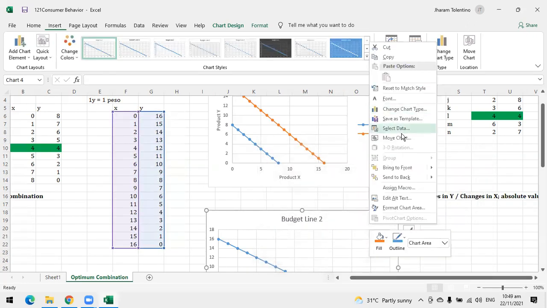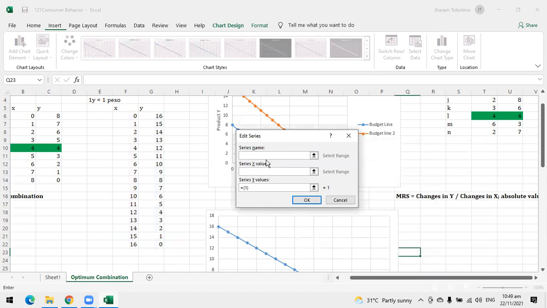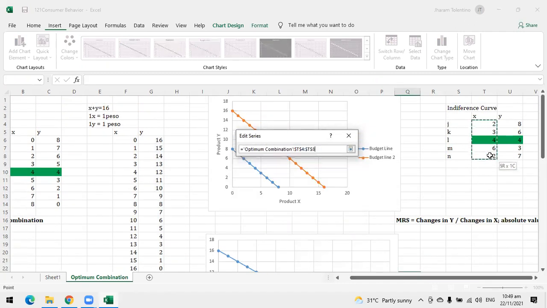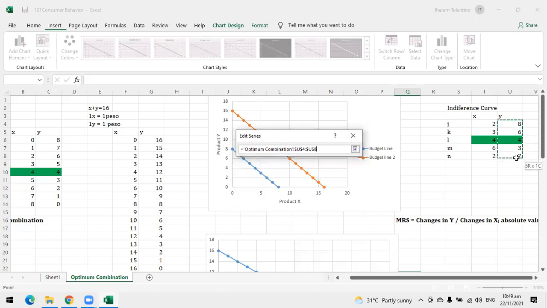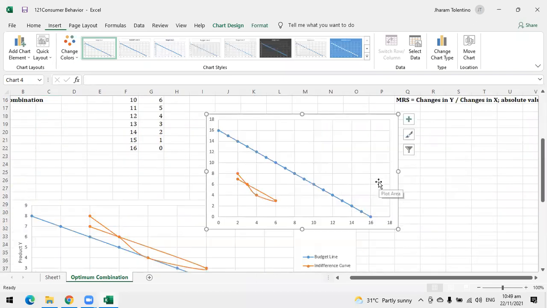Tapos, lagay pa tayo ng isa. Yung indifference. Ito yun, no? Tingnan natin kung may papasok kahit isa. Wala na, no? So, everything is upward.